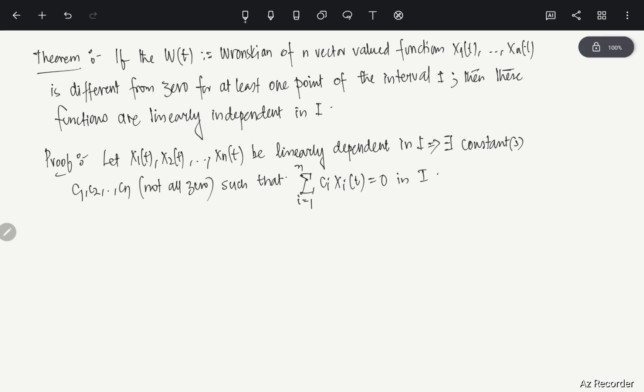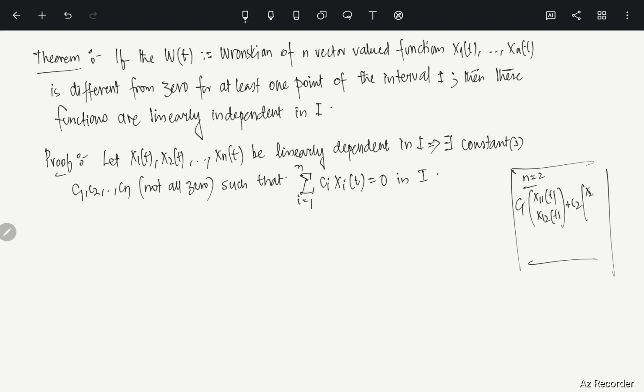Okay. Now, what does this say? If you break it up, let's do it here, just a little remark. Let's just see n equals 3. What does it mean? It means C1 times (x11 of t, x12 of t) plus C2 times (x21 of t, x22 of t) is nothing but 0. So what does that give me?